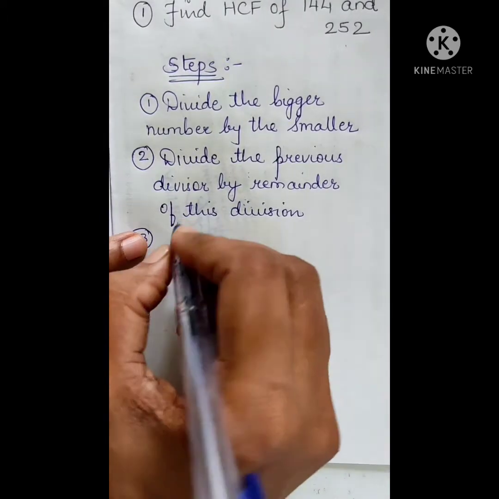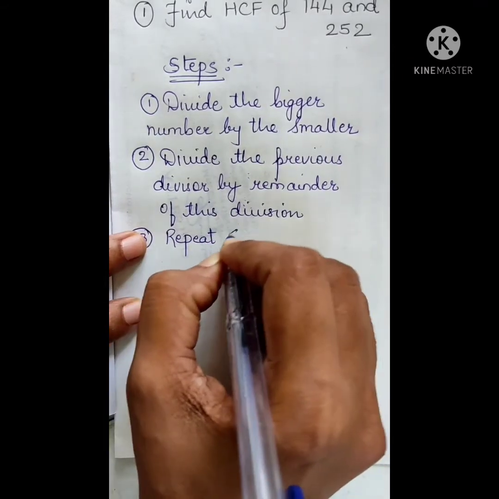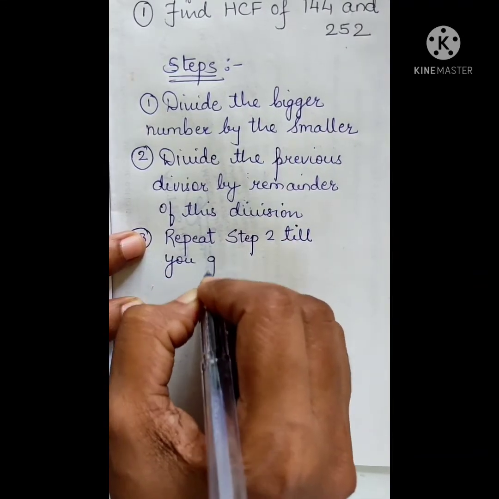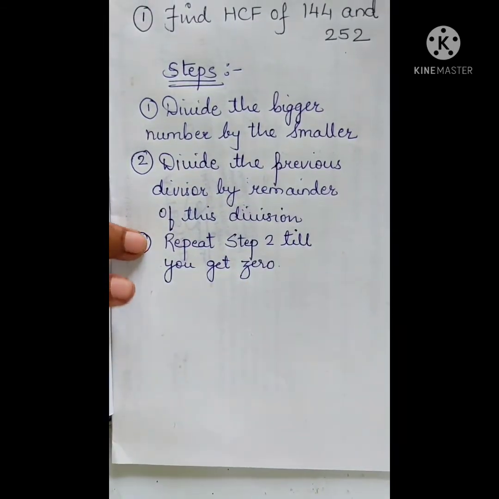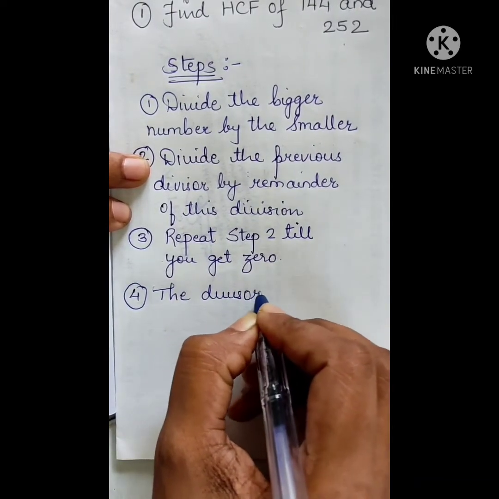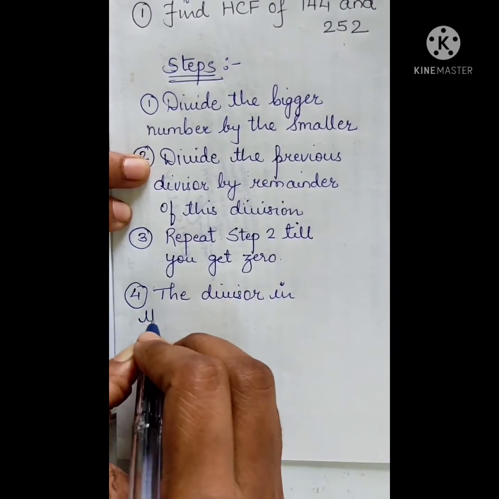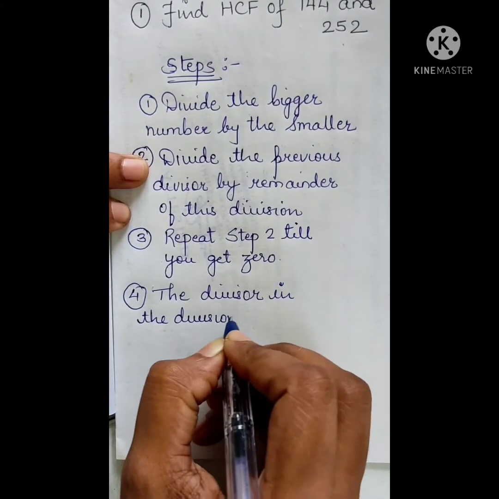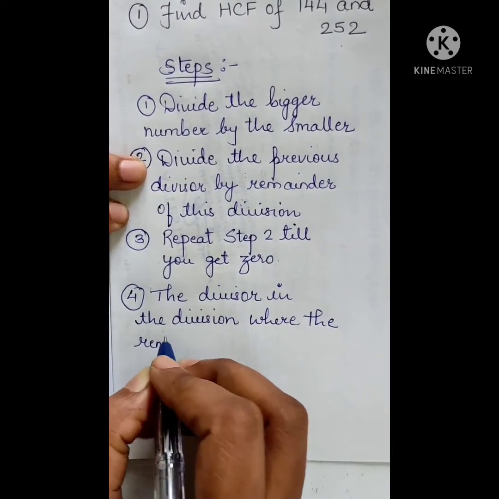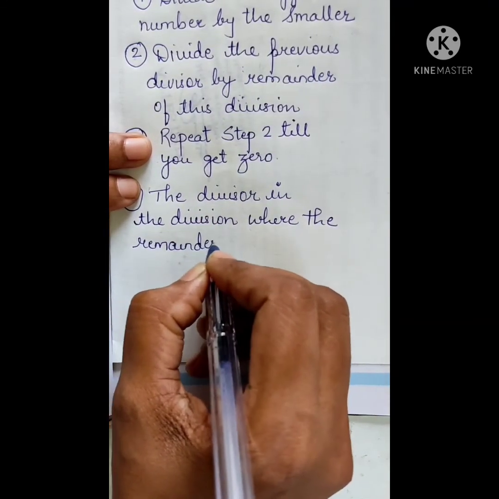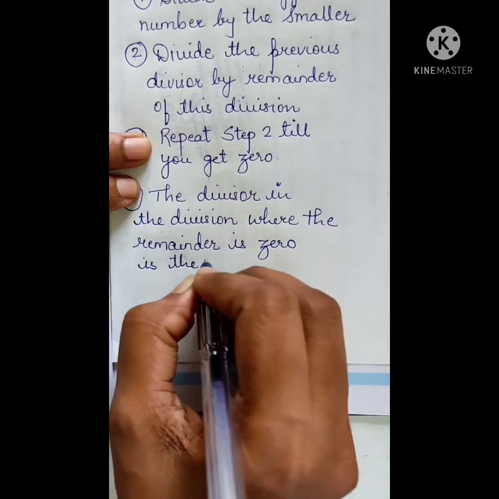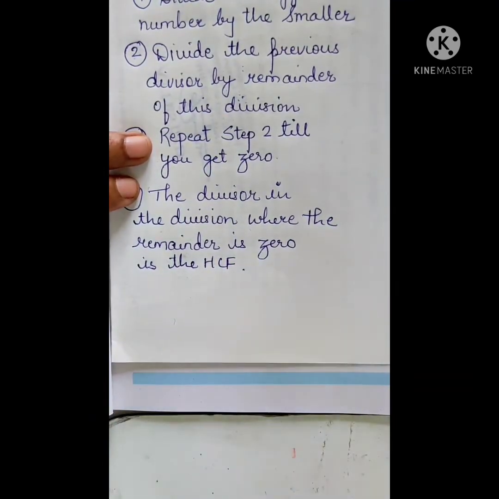Third, repeat step 2 till you get 0. And fourth, the divisor in the division where the remainder is 0 is the HCF. So these are the steps.